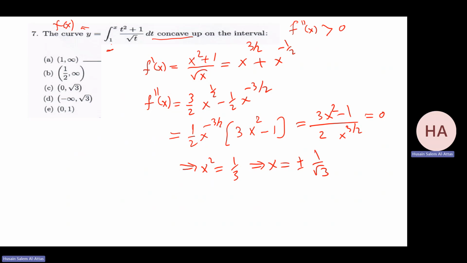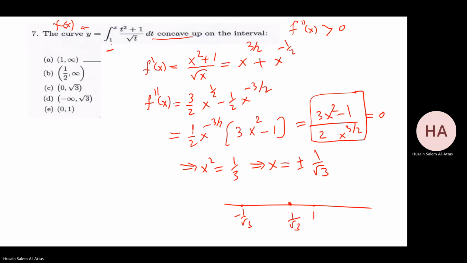But I'm working from 1 to infinity, so I want to check this. I have minus 1 over square root of 3 and 1 over square root of 3. What I'm caring about is from 1.